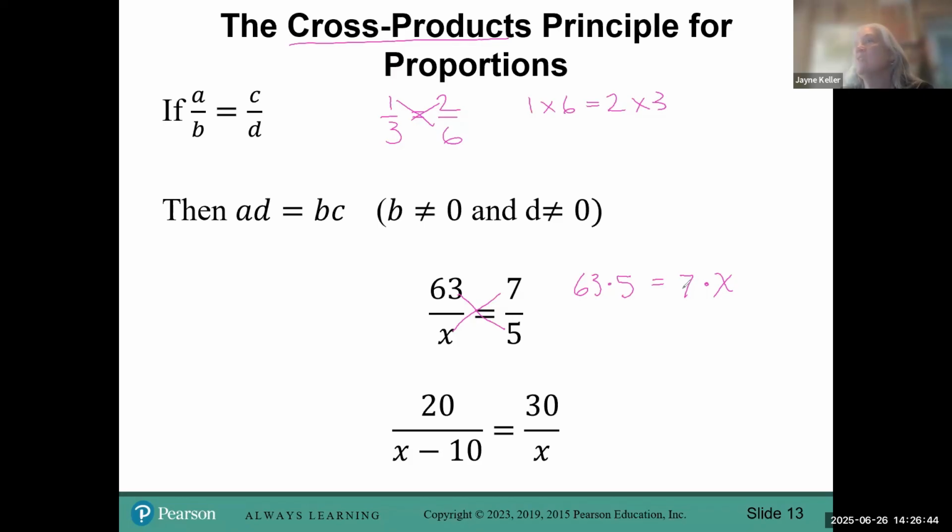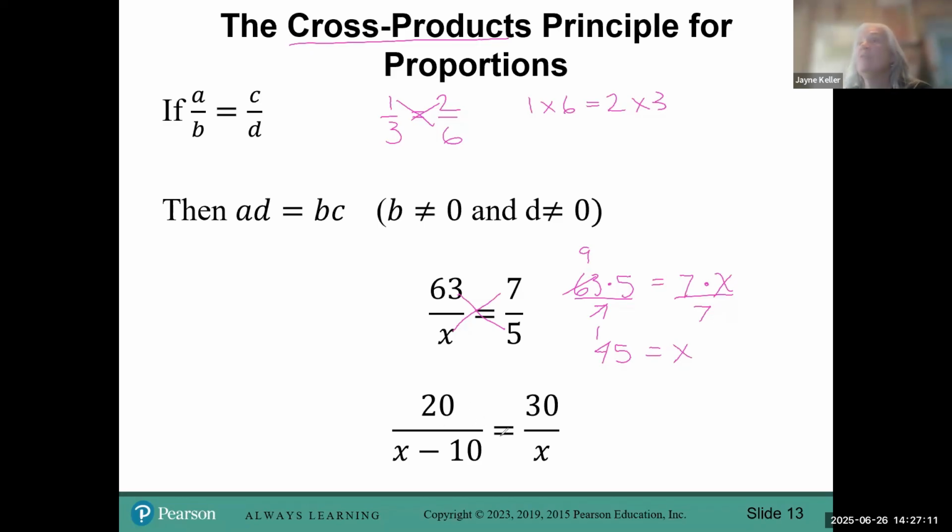Since I'm multiplying x by 7, to write an equivalent equation, I'm going to divide both sides by 7. So on the right side now I have x. And on the left side, I can divide out. 7 goes into 7 once and into 63 9 times. So I have 9 times 5. x is equal to 45.